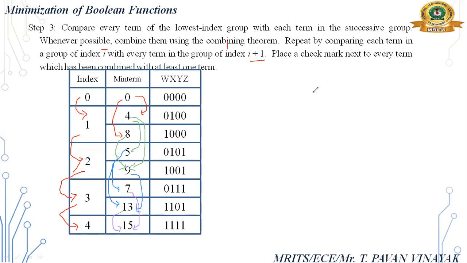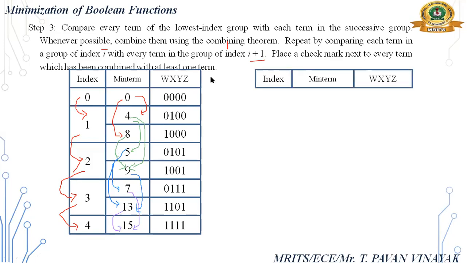Now I am preparing one more table: index, minterm, w x y z. Now I am comparing. The first comparison is done for 0 and 4, right? So see, 0 has these values: no difference, no difference, no difference.